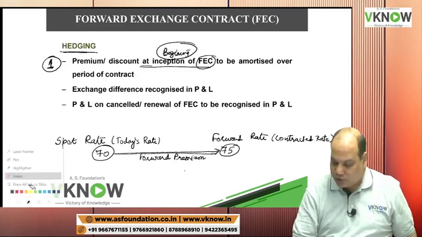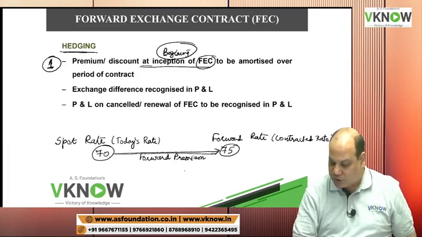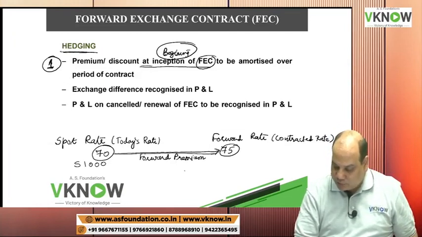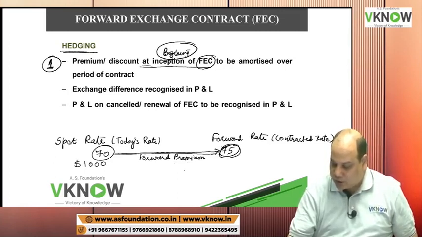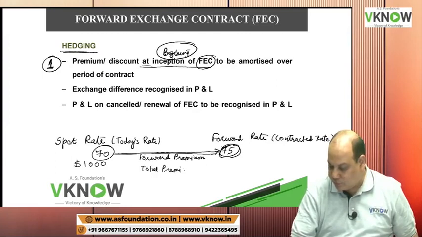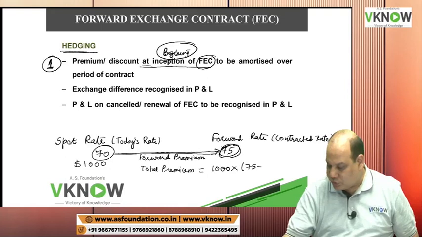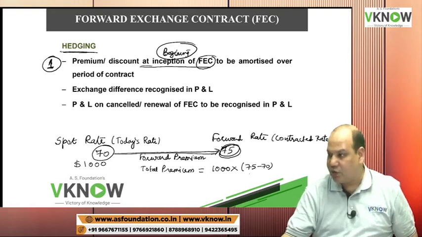Today the rate of exchange between dollar and rupees is 70, and you have exported goods of $1,000. You have entered into a forward contract at 75. So how much is the total premium involved? The total premium will be 1000 into 75 minus 70.